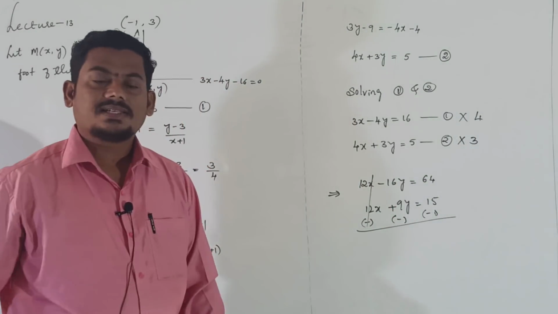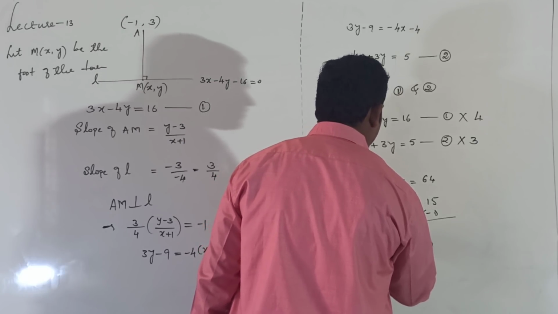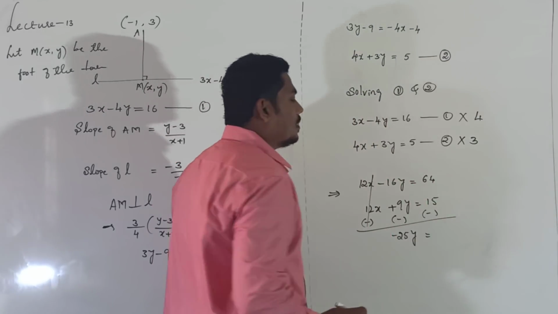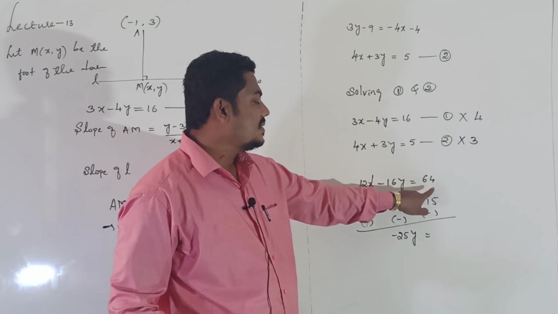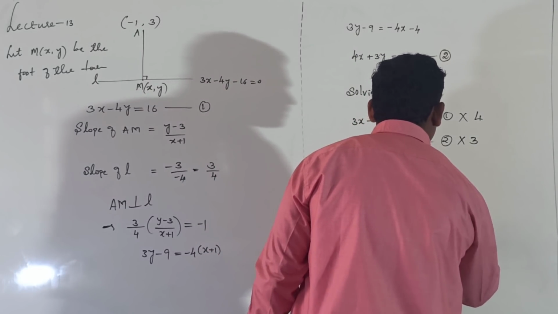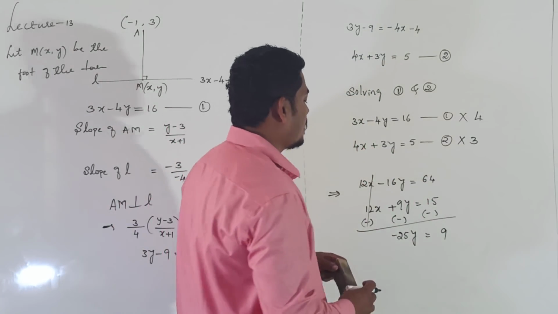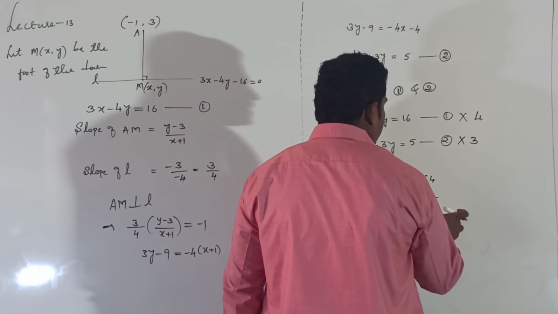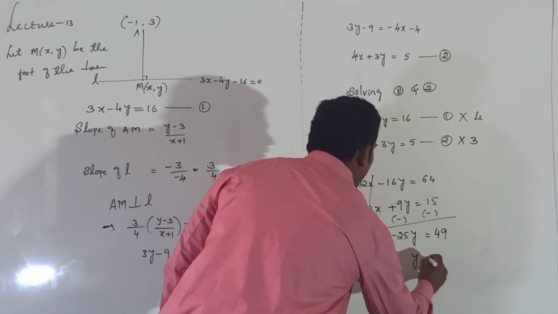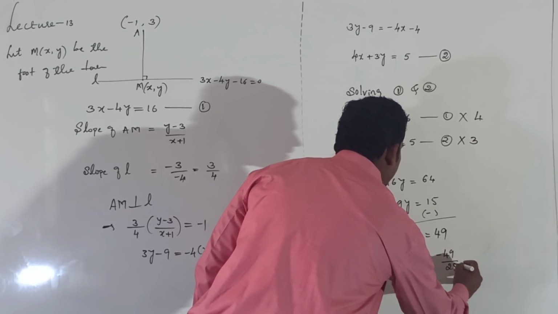Then 12x gets cancelled, minus 16 minus 9 is minus 25y equal to 64 minus 15, which is 49. Then y is equal to minus 49 divided by 25.